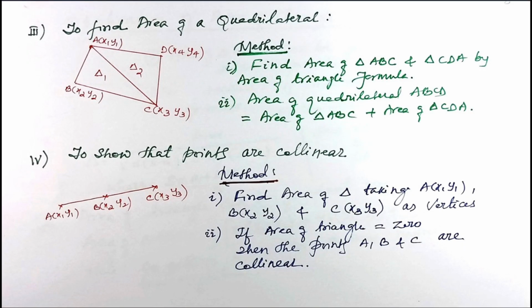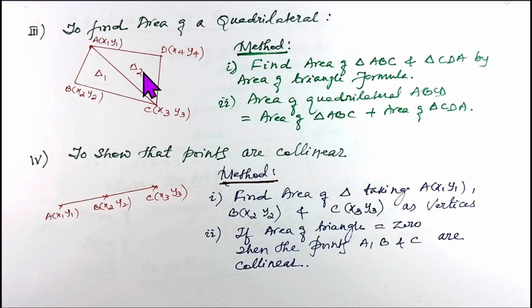Remember that. Now the next important application of the area of triangle formula is to find the area of a quadrilateral. Here we have a quadrilateral ABCD and the vertices are given: A (x1, y1), B (x2, y2), C (x3, y3) and D (x4, y4). Now join AC, the diagonal.